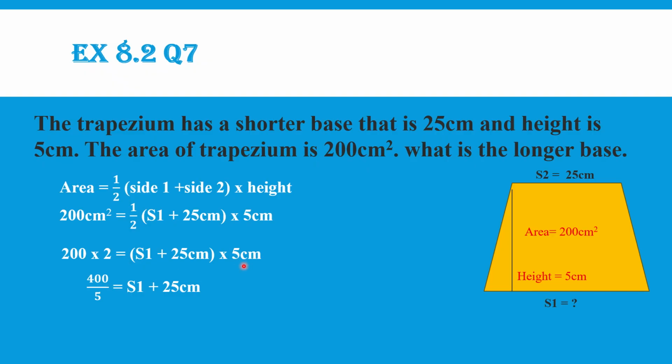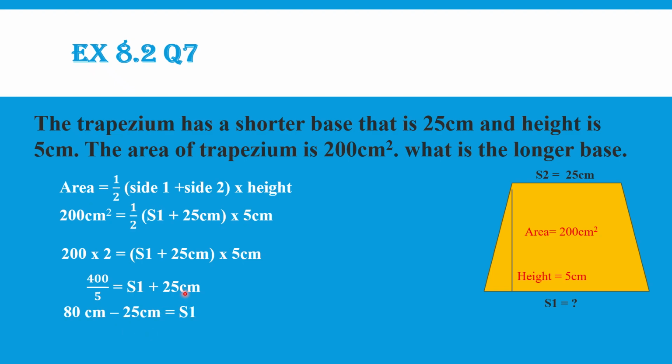Now here 5 is multiplied with this bracket. It will be divided on the other side of the equality sign. So we will divide 400 by 5 and here we are left with side 1 plus 25 centimeter. After division we get 80 centimeter. And now here 25 centimeter is added. It will be subtracted when shifted to the other side of the equality sign.